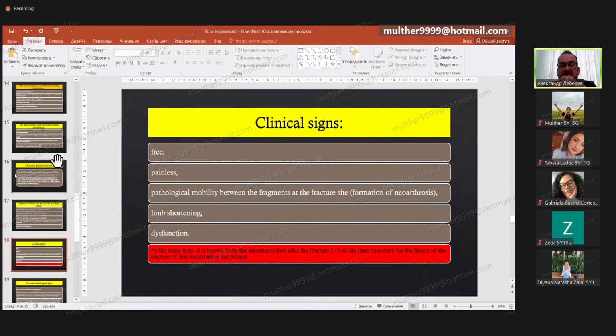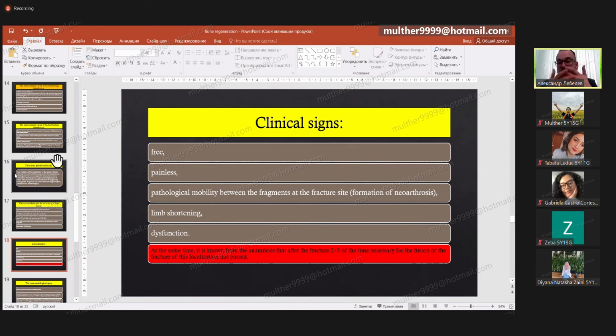Pseudoarthrosis has our four general symptoms of fracture, but they are present after 9 months of trauma. When we describe the fresh clinical picture of a fracture, you tell us it's pathological mobility, crepitus, shortening and deformity.